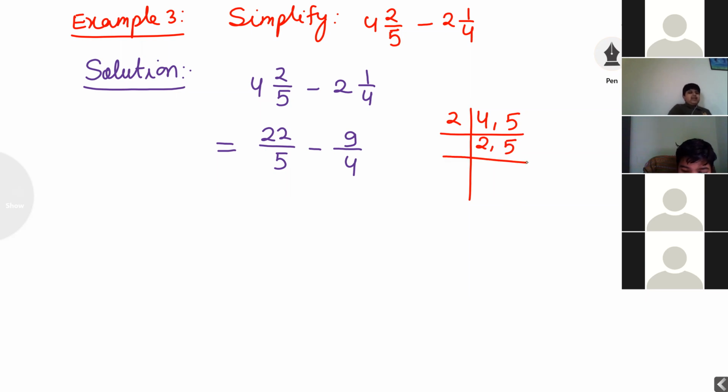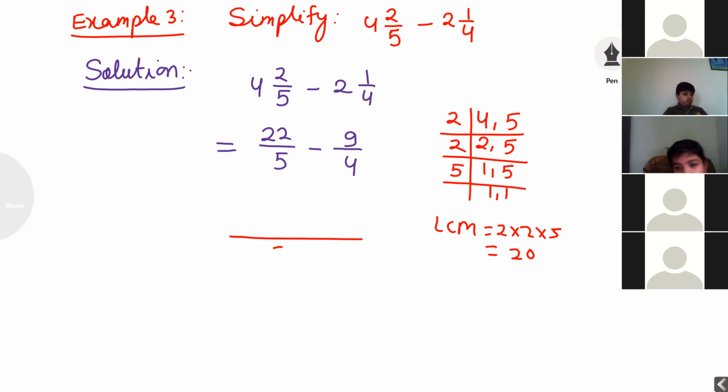Again 2 1s are 2, 5 as it is. Again I want to divide by 5. 1 1. If last step is coming 1 1, we can stop the LCM. Now LCM has come 2 into 2 into 5, 20. Now LCM has come 20. Divide by 20.